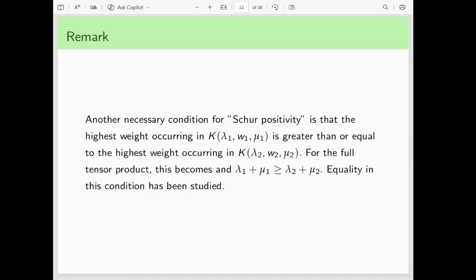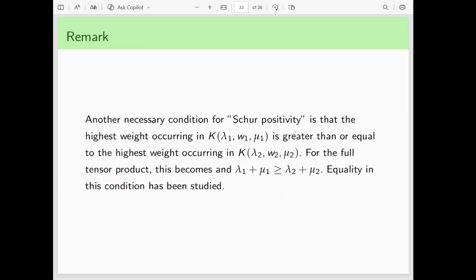And another condition for Schur positivity is saying that the highest weight occurring in the first Kostant-Kumar module is greater than or equal to the highest weight occurring in the second Kostant-Kumar module. So for the full tensor product and even for the Kostant-Kumar module, because these weights will always occur in a Kostant-Kumar module, it is that lambda1 plus mu1 is greater than or equal to lambda2 plus mu2. But equality in this condition has been studied for differences of products like s_lambda s_mu minus s_lambda' s_mu'.